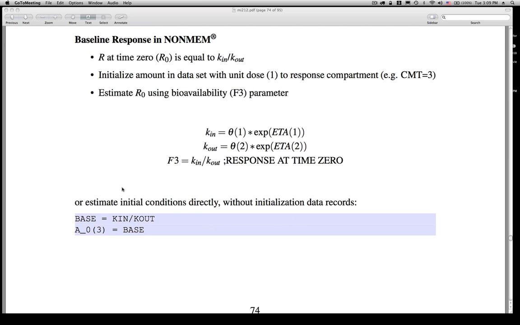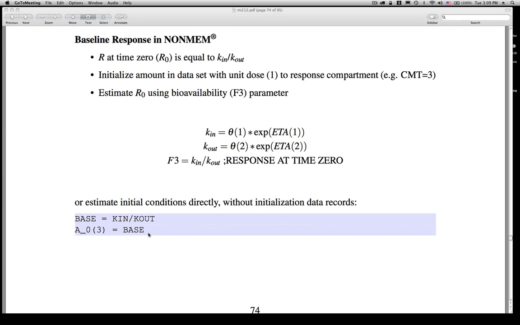Alternatively, in NONMEM 6 and 7, there's a new method that allows you to initialize the compartment directly. So we can specify A_0, the initialization amount, and in the parentheses we specify the compartment number. So A_0(3) is the initial conditions for compartment 3.